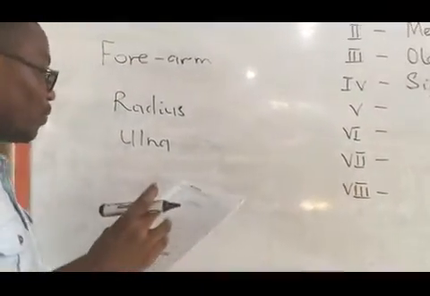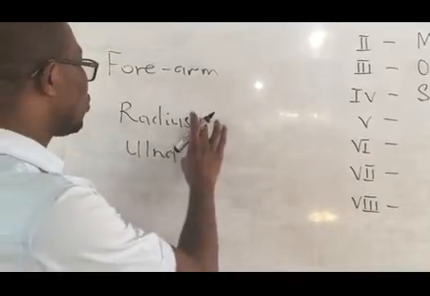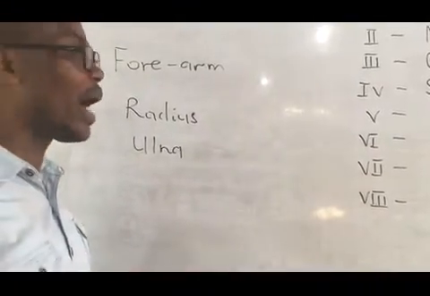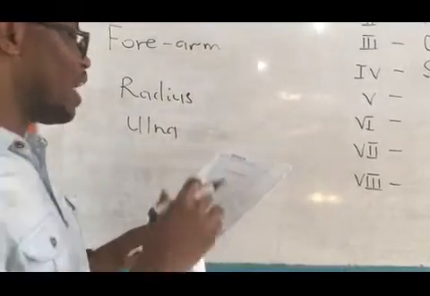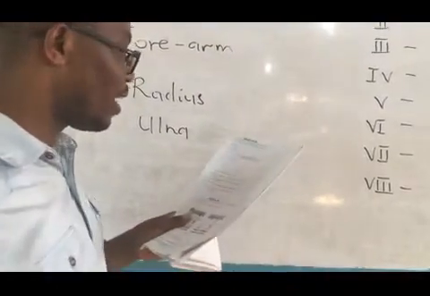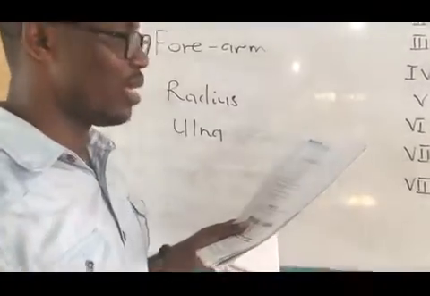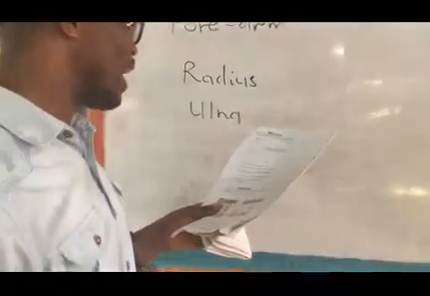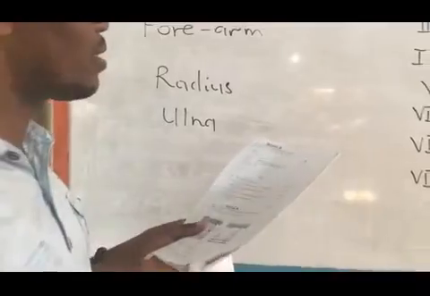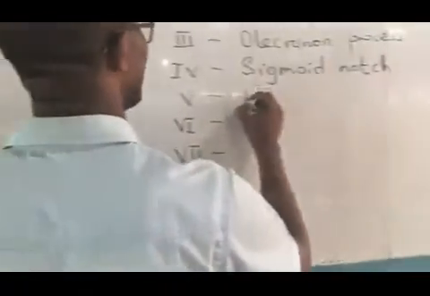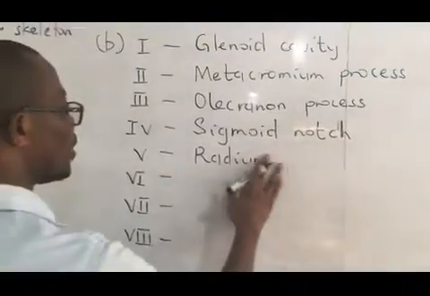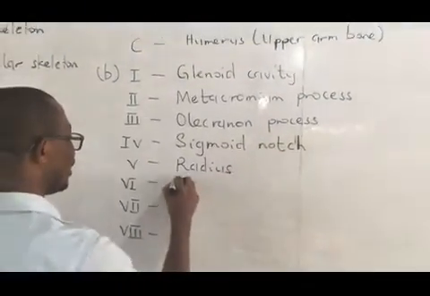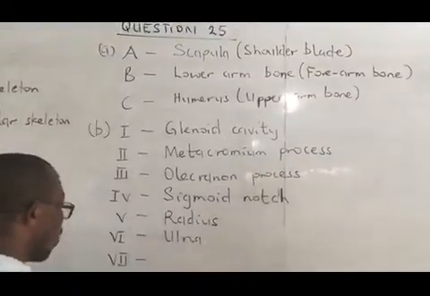The one that is slightly longer is the ulna. So your VI is the ulna, and the V is the radius.